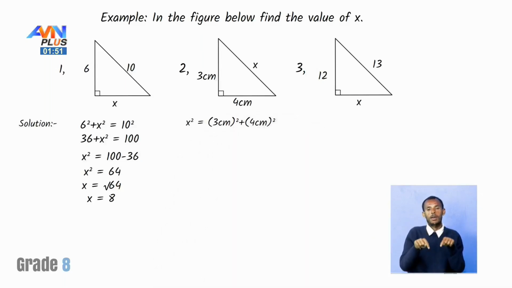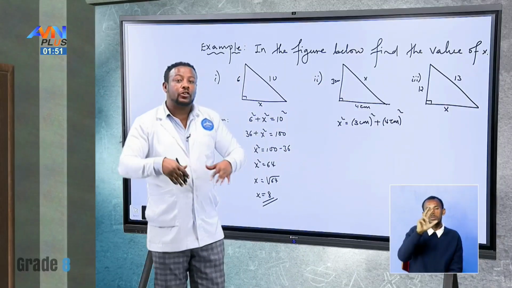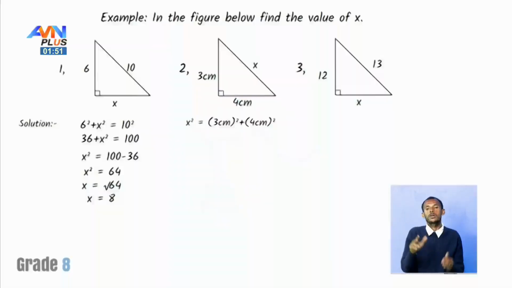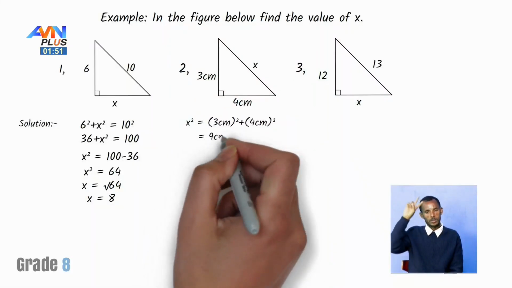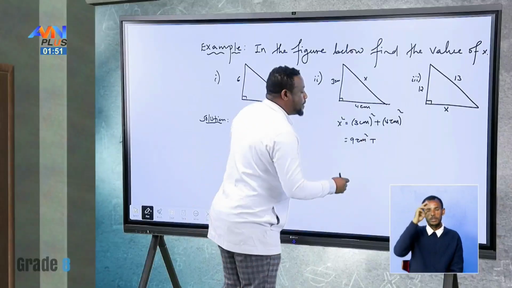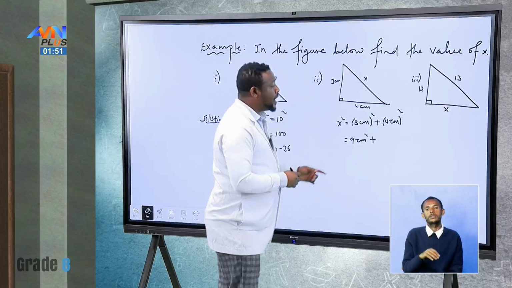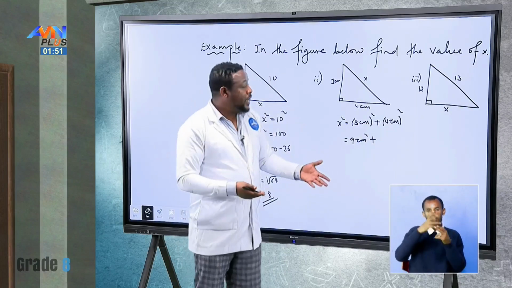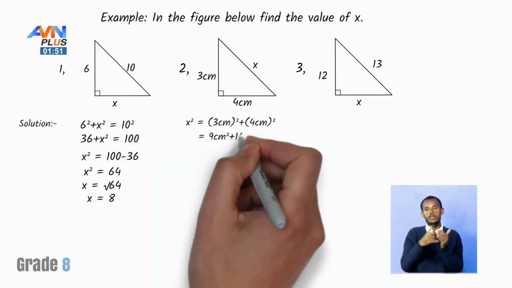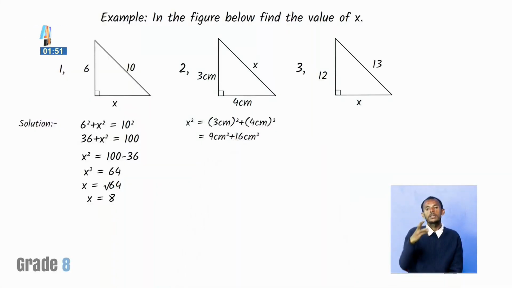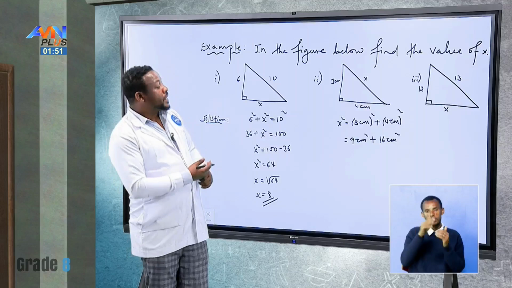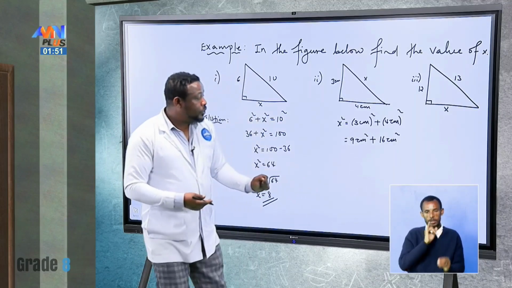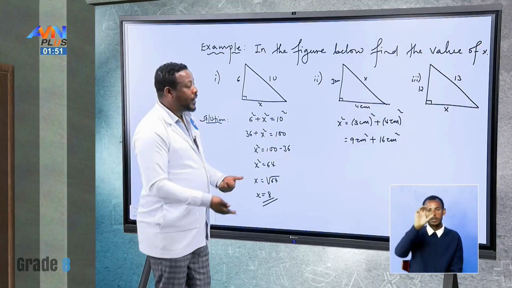So 3 centimeter square means 3 centimeter times 3 centimeter, which is 9 centimeter square. This is 9 centimeter square plus 4 square means 4 times 4, so it becomes 16 centimeter square. The sum of these two numbers is 25 centimeter square, right?